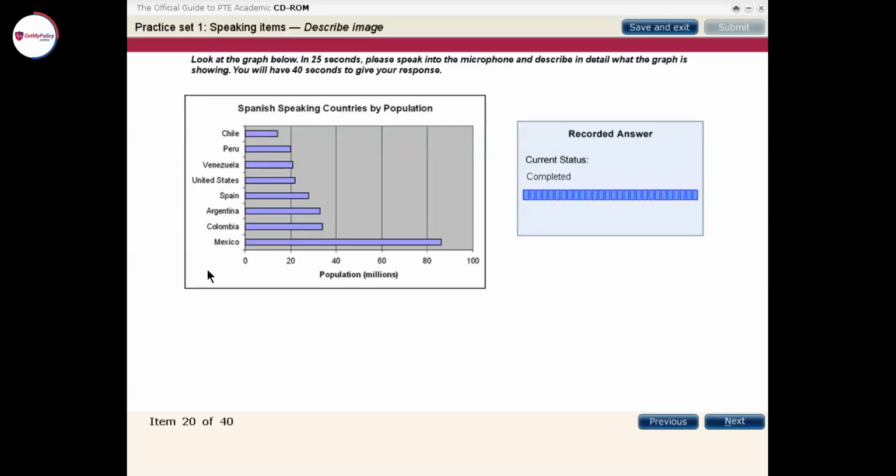Okay. So now, how would I start? I would start with a simple thing, as I told you. First, I'll talk about what it is. Then I'll start talking about the title. Then I'll switch on to x-axis and I'll speak the units. Then I'll switch on to y-axis. Then I'll speak the units. Then I'll switch on to information box or legend. Here it is not there, so no problem. I'll tell you what it is in the next image.